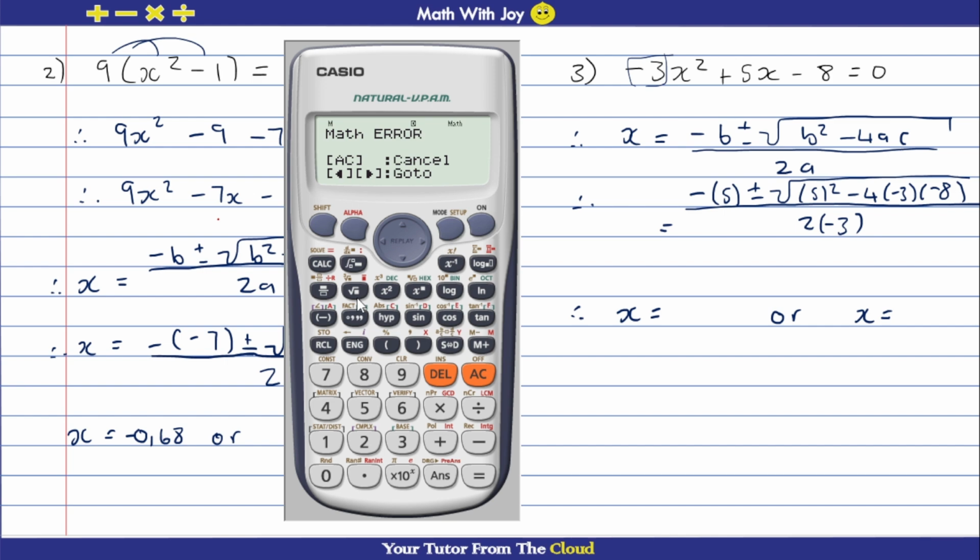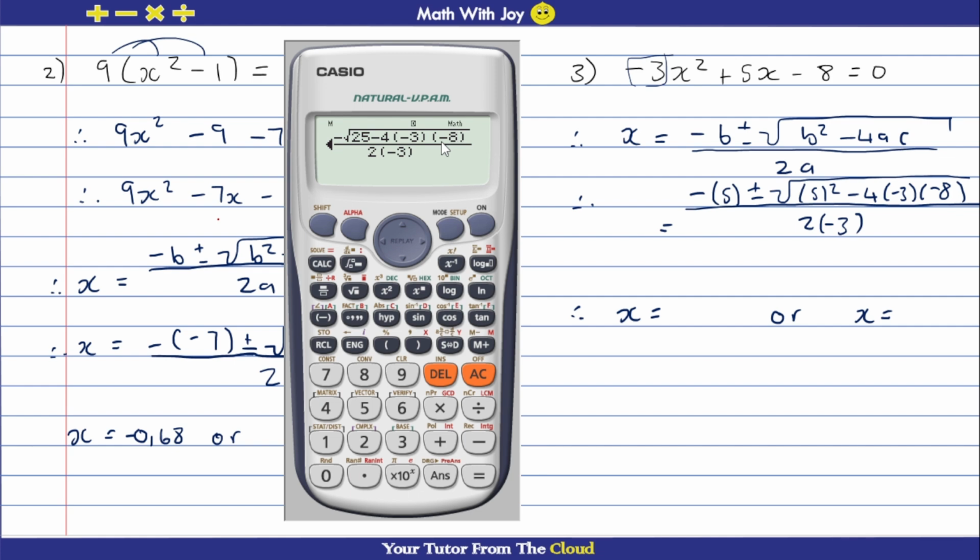So the answer is error, and it does that because look at what's under the root. Under the root, I have 25, and this minus 4 times minus 3 times minus 8 will give us a big negative number. It will be, what is that, minus positive 12, so that'll be negative 96.